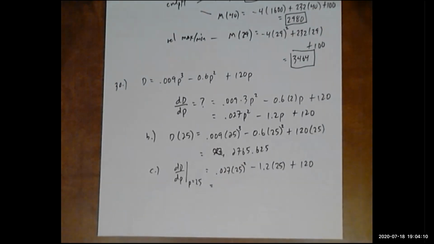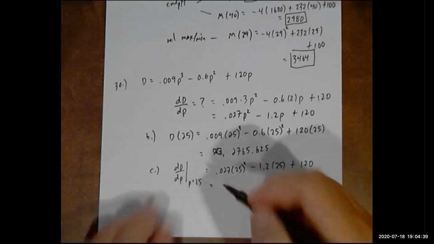So 25 squared times 0.027, and 1.2 times 25, but you have to subtract that, plus 120. 106.875.